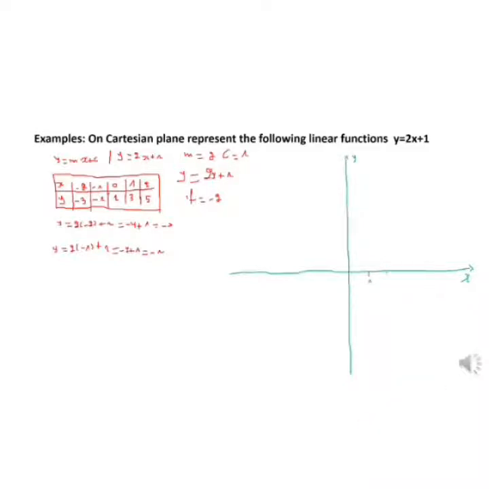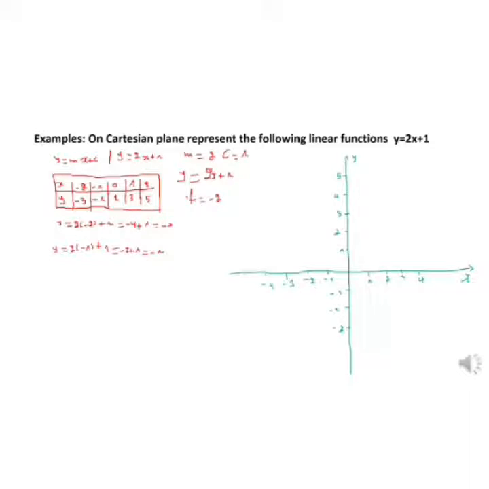Now you have 1, 2, 3, 4, and 5, and then -1, -2, -3, and -4, and also -1, -2, and -3.